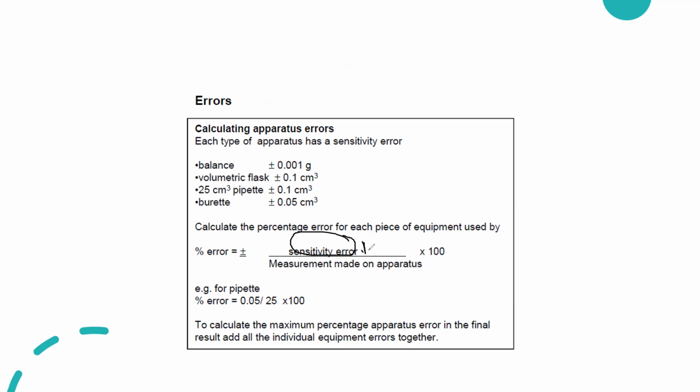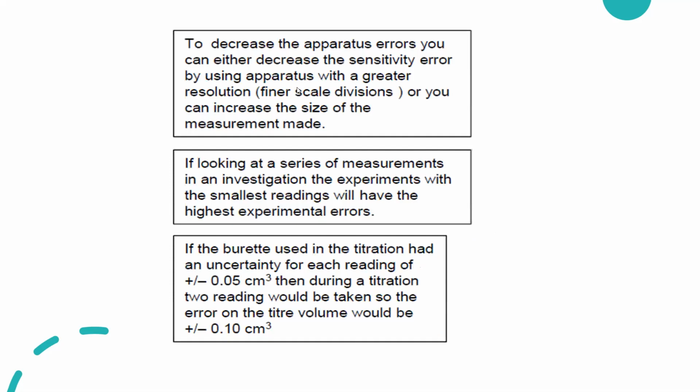If I use a more accurate instrument, if I decrease sensitivity, the percentage error will decrease. Or if I record a greater value, then the percentage error will also reduce. So either measure a larger volume or use more accurate apparatus.